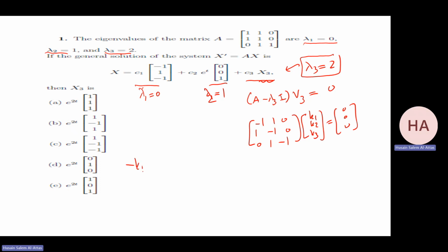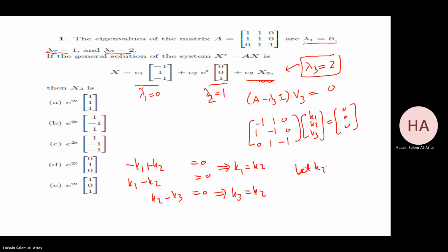What I get: minus K1 plus K2 equals 0, K1 minus K2 equals 0, which is the same, and K2 minus K3 equals 0. From these two, I get K1 equal K2, and from here K3 equal K2. So I let K2 equal 1, and K1 equals K3 equals 1.